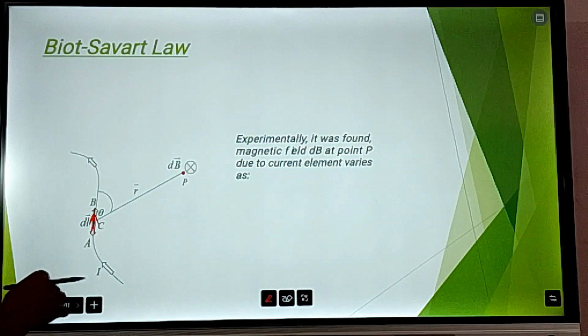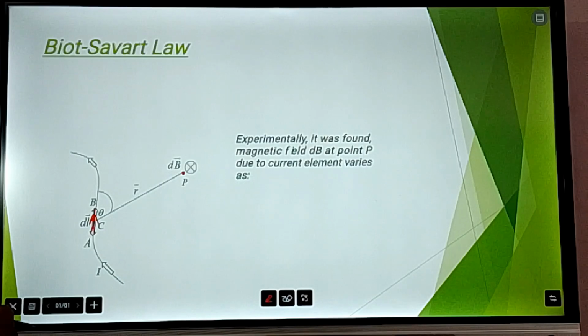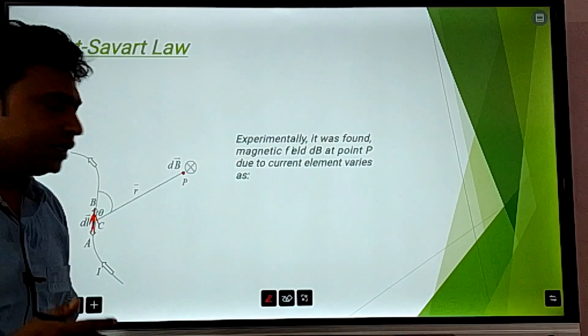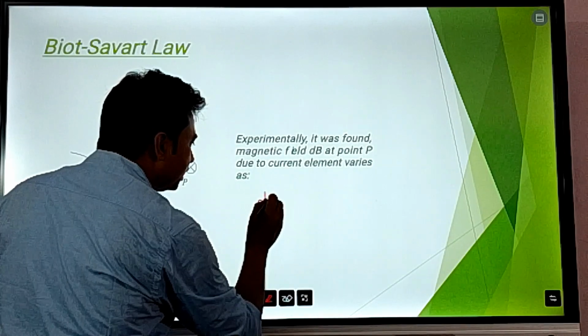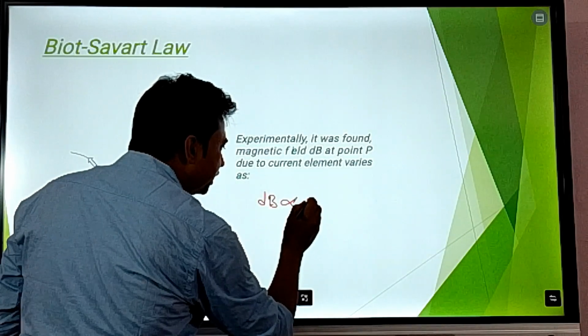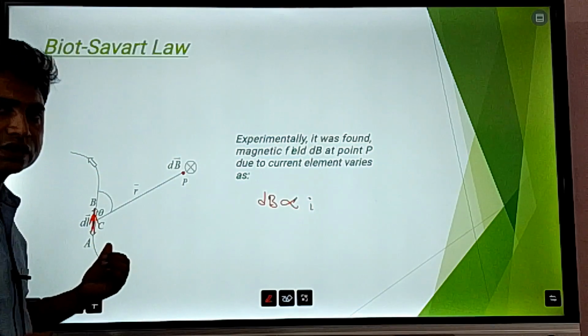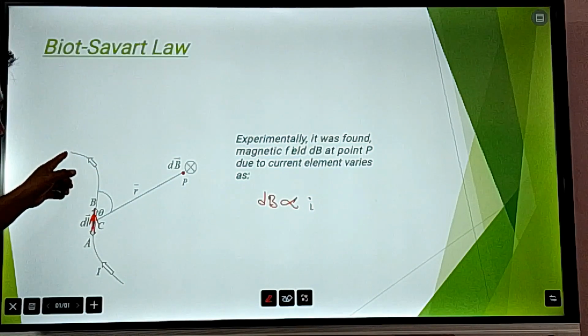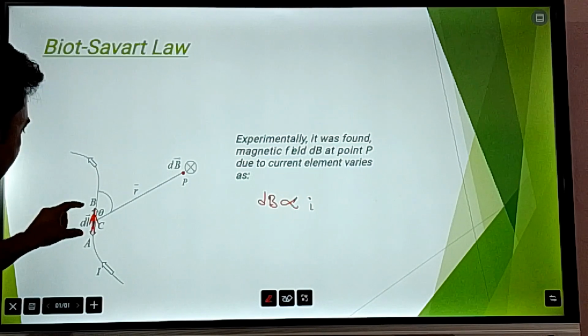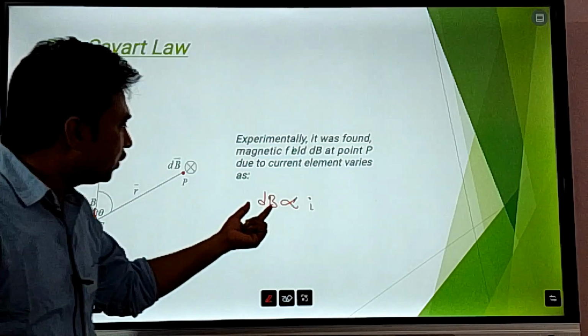So on the basis of the experiment they found that the magnetic field at point P is directly proportional to the current in the conductor. On the amount of current moving in this conductor, the magnetic field depends.